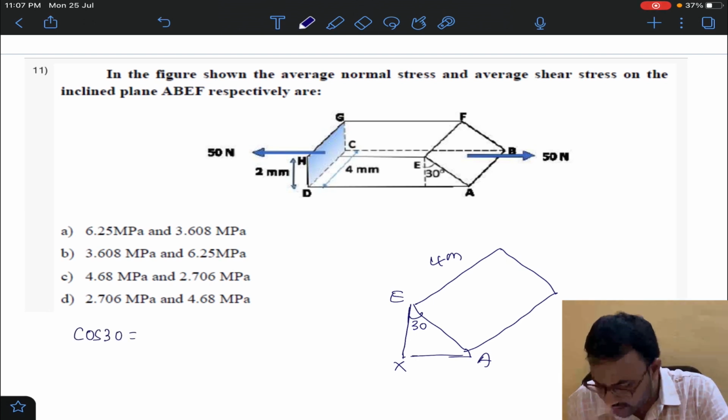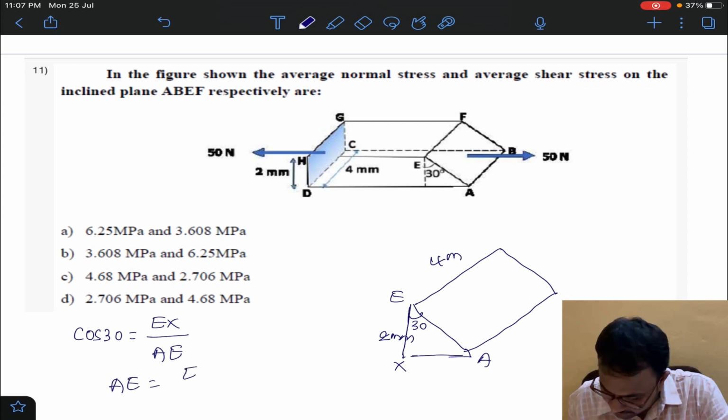Cos 30 is equal to adjacent side. What is that adjacent side? It is EX. So what is the value of EX? It is 2 mm. That is given in the diagram. EX divided by hypotenuse. Hypotenuse is AE. So AE will become EX divided by cos 30.